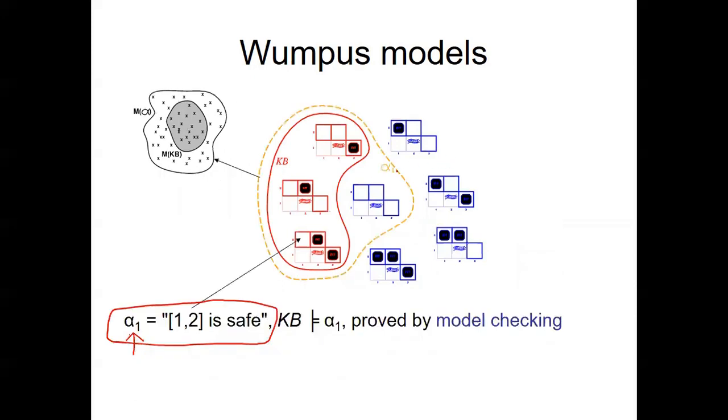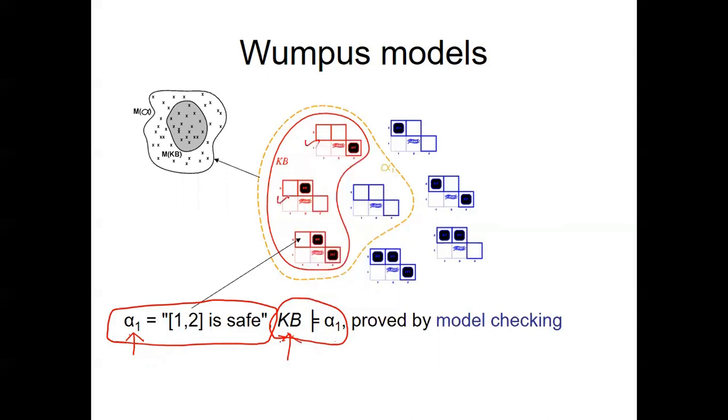Are you getting? Okay. Now what about this statement: KB entails alpha 1. Is it true or false? Yes, it is true. KB entails alpha 1 means wherever KB is true, alpha 1 should be true. Is KB true here? Yes. What about alpha 1? Is it true? Yes.